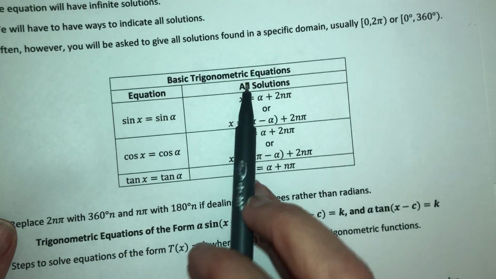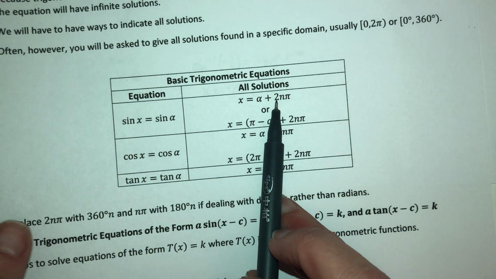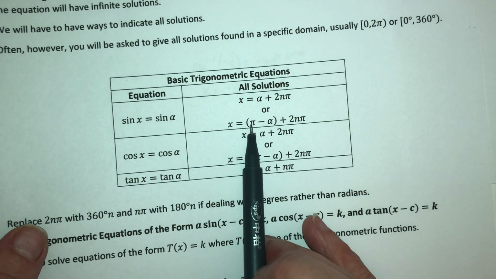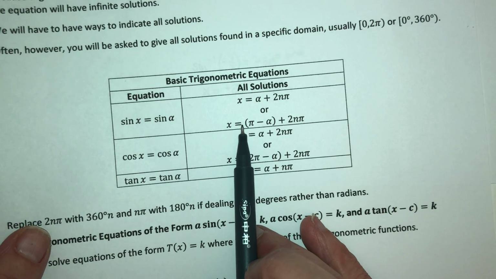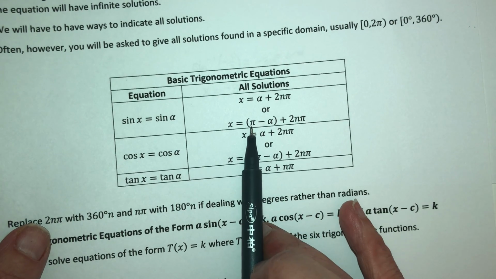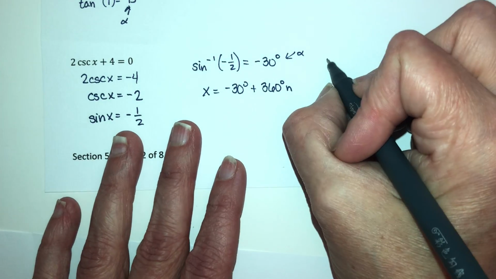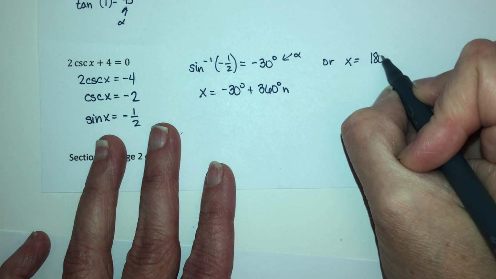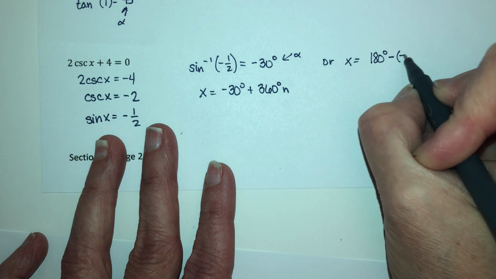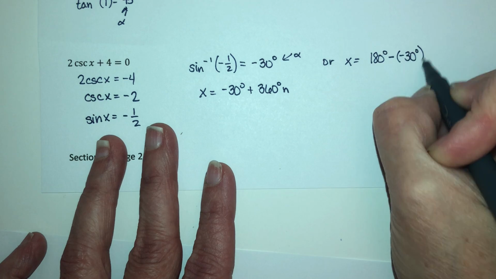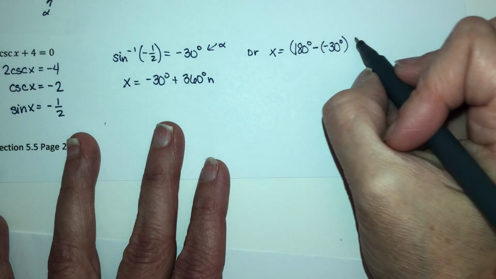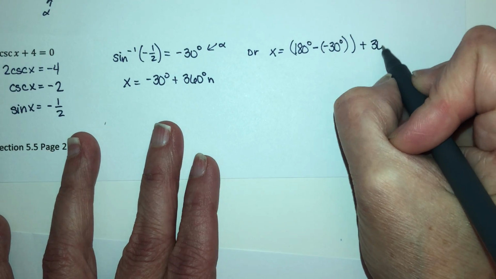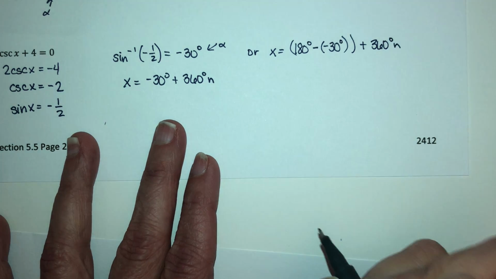So for sine, that's our first possibility. To get our second set of possibilities, we need to do, this says pi minus alpha, but it's going to be 180 minus our alpha. And then that's going to be plus 360 degrees n.